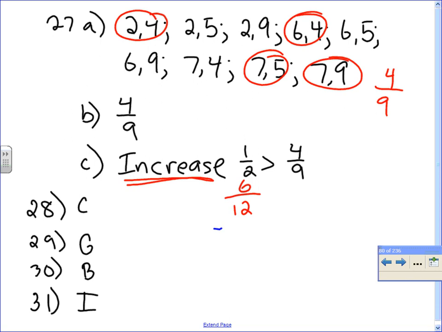So for your side you could have 500 plus your amount goes up in increments of 15x. And then your friend had started with $400 and hers went up in increments of 20. So you could have set up an equation like this. If you solve for x this way, you get 20 years.